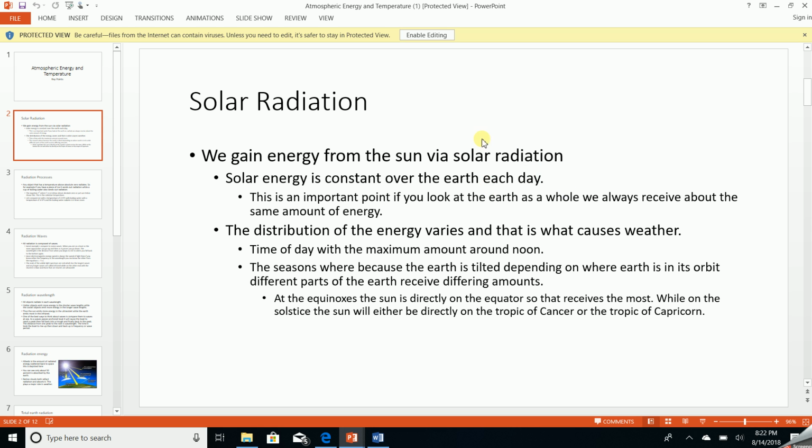If the sun's not directly overhead, you're not getting the full amount of solar radiation available from the sun. But the sun is where we get all of our energy for weather. Every little bit of it comes out of that solar radiation.